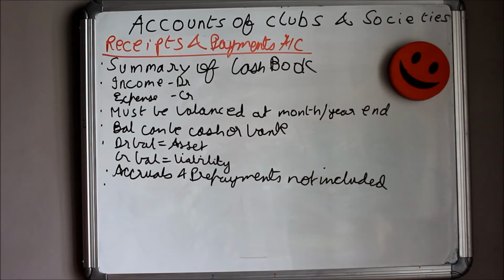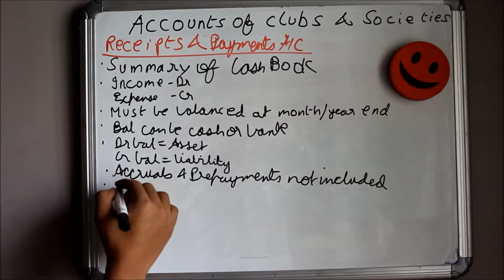The next point is that earlier, in the cash book, we used to make a distinction between capital and revenue receipts and capital and revenue expenses. But in the receipts and payments account, both the capital and revenue receipts and expenses are written out as the same.